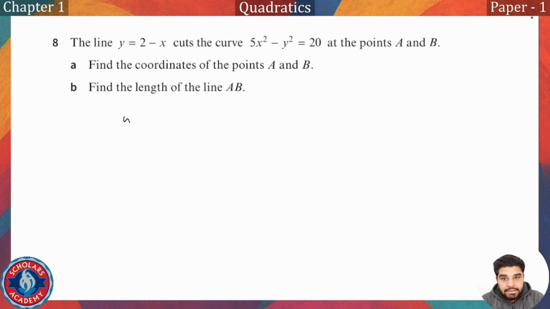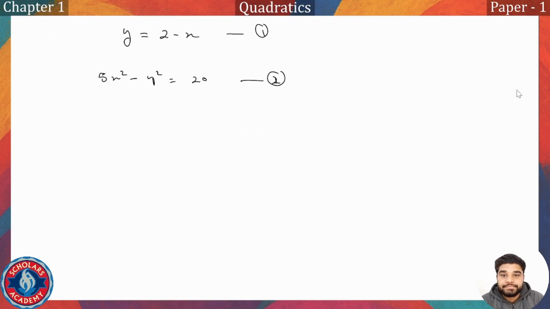Let's start. y is given to be 2 minus x, equation number 1, and we get a quadratic equation 5x square minus y square is equal to 20, that is equation number 2. Alright, so we can substitute the value of y directly in equation number 2.